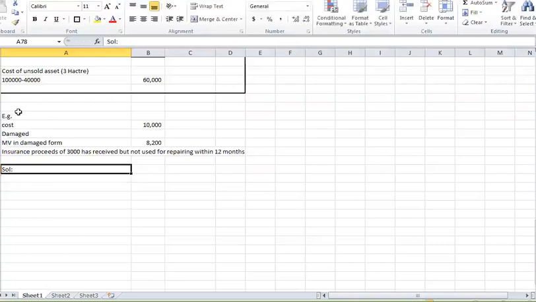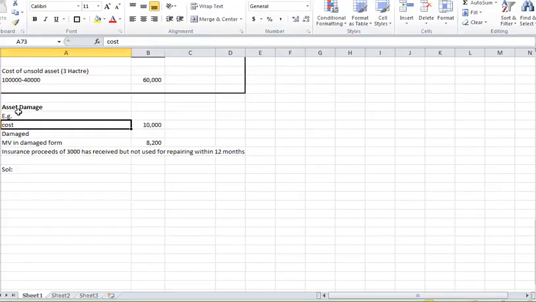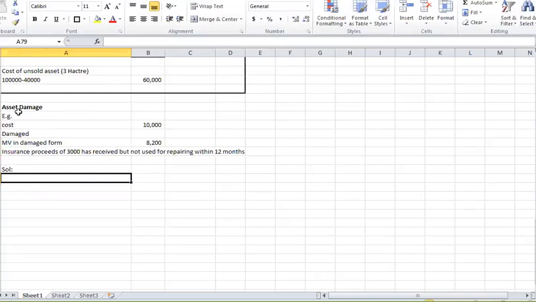The topic is asset damaged. The asset has been damaged, insurance proceeds have been received, but we have not used the money for repairing or restoring the asset.